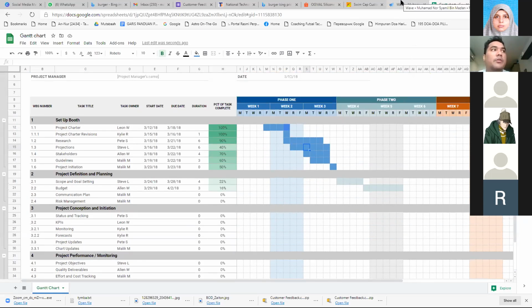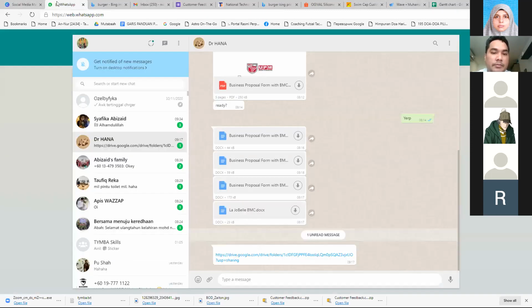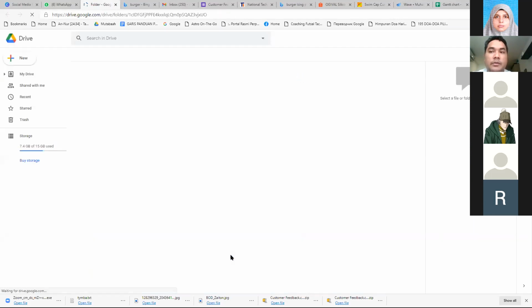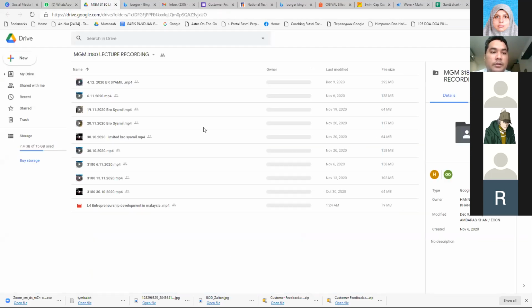How much is the mark for the Gantt chart? 10, right? Where's the rubric again? Oh, yeah. The marking scheme.